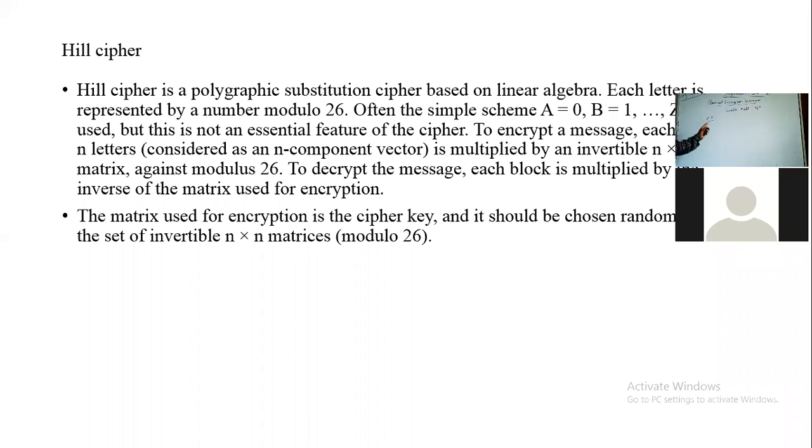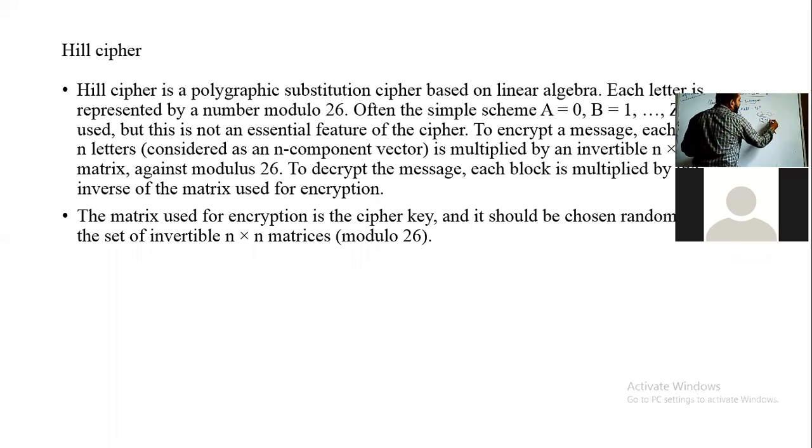In plain text, we have to make a vector of length 1. The vector of length 1 means it may be 1 row or 1 column. If we have an n into n matrix, then n into 1.